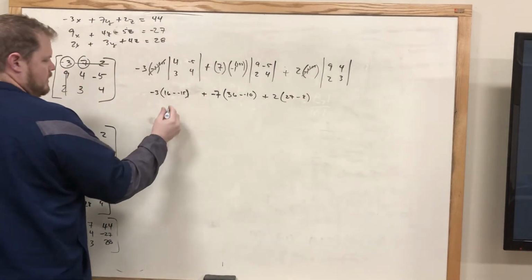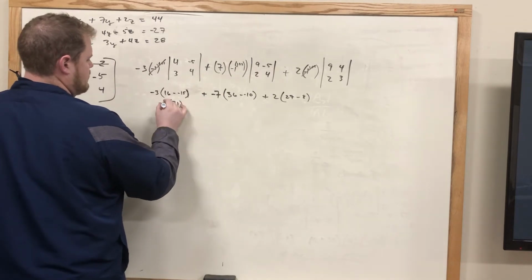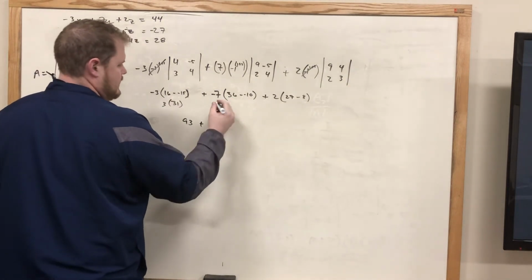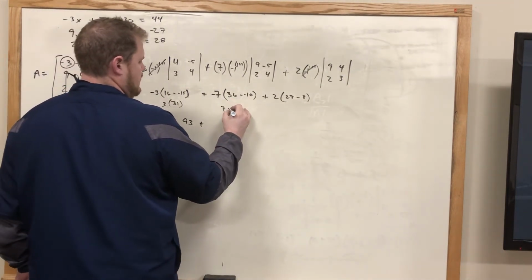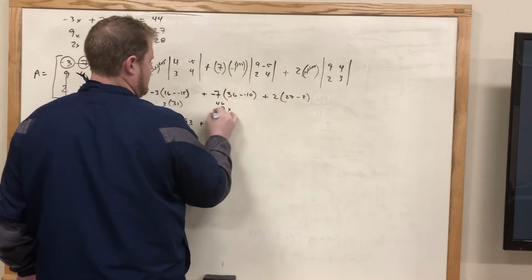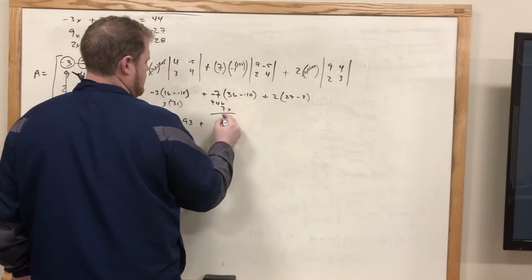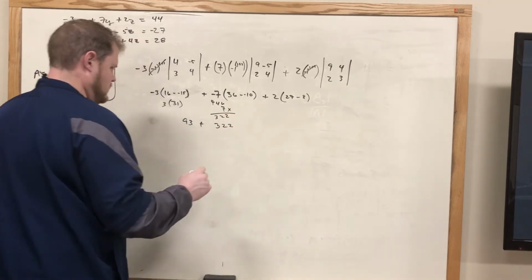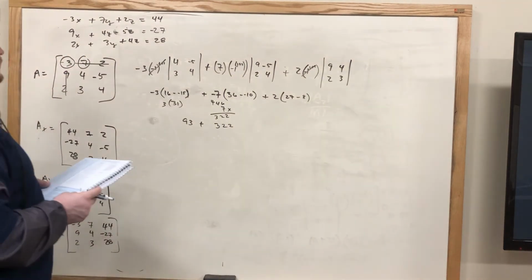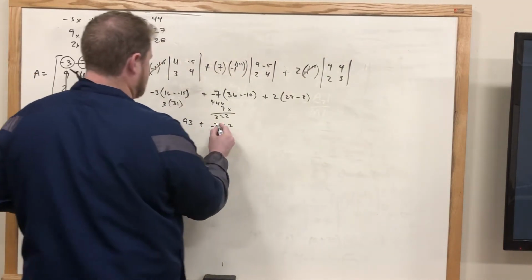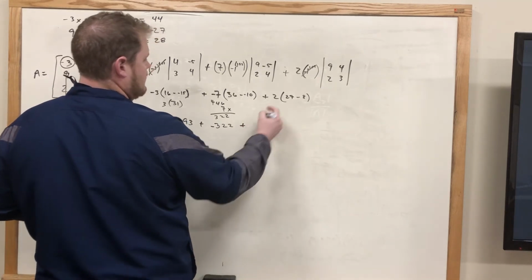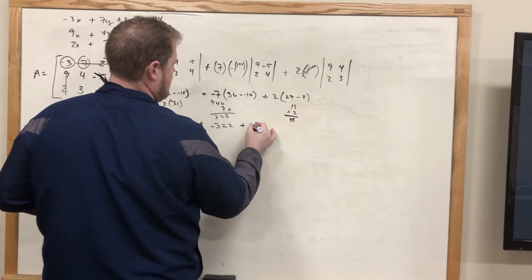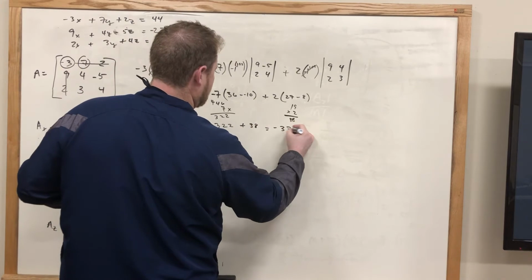All right, 31 times 3 is going to give me 93, plus 7 times 46, 322, and this is negative, and we're left with plus 19 times 2, 38. Add those together and we get negative 377.